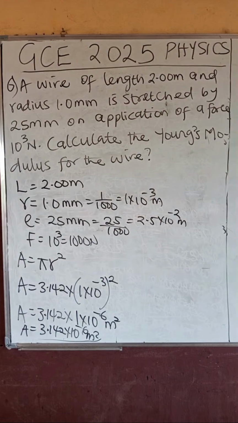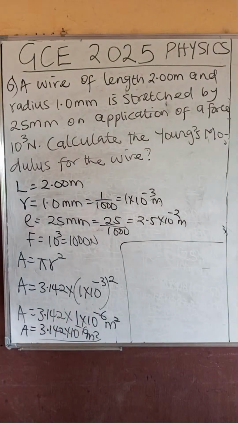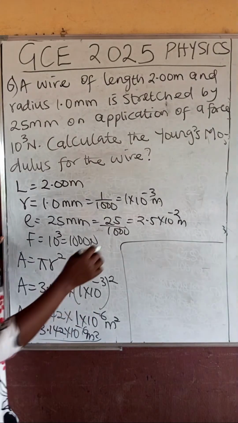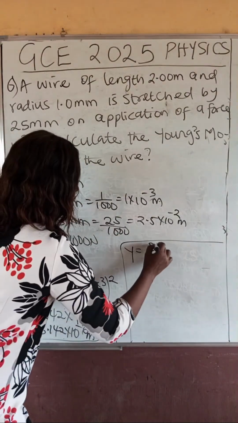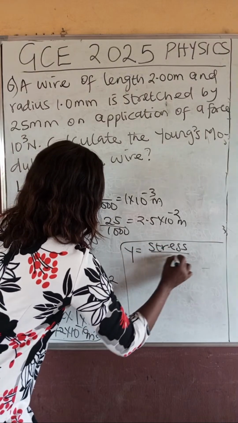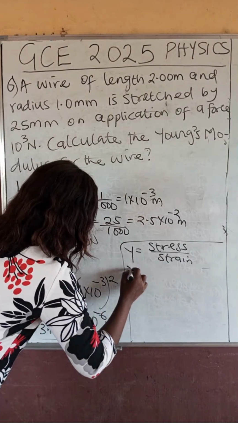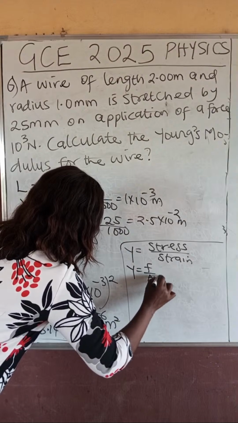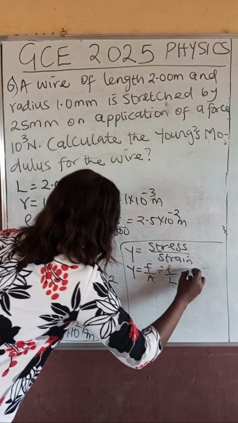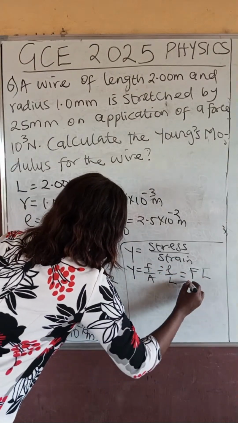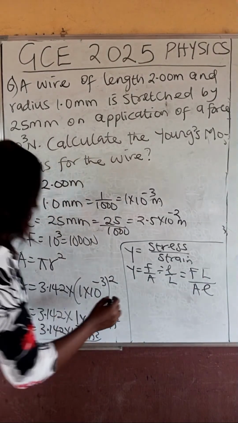All right. So the next thing I'm going to do is to use the formula of my Young's modulus, because that's what I'm looking for. My Young's modulus Y is equal to stress over strain. If I substitute into the formula, I have force over area divided by extension over length, which, cross multiplying, gives force multiplied by length all over area multiplied by extension.